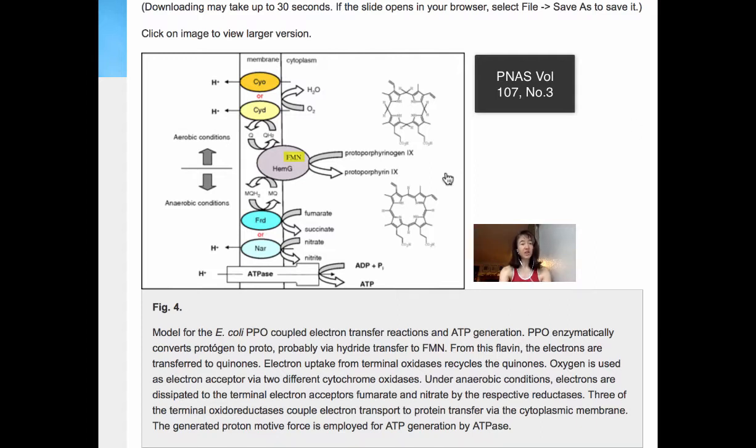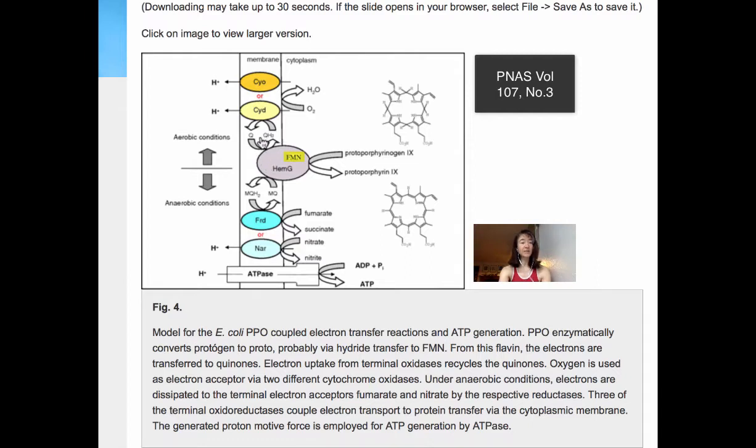So notice that on the top portion of this image, where this bar is the cytoplasmic membrane of the bacterium, you can see that under aerobic conditions, it has two different branches of its electron transport chain that it can utilize. So this is an NADH dehydrogenase complex.